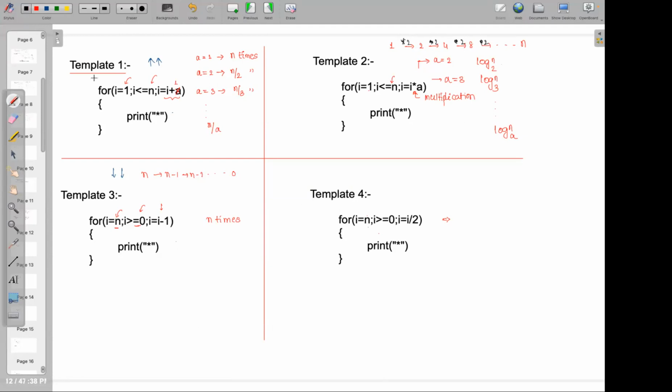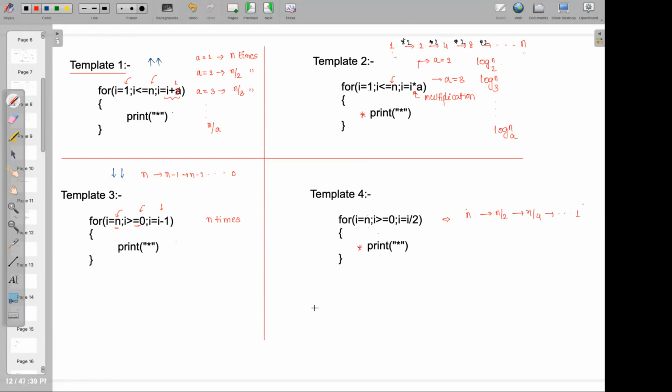Whereas if you take this, here you have taken n. Next time you divide by 2, which means n becomes n by 2. Then n becomes n by 4, and so on. It is like going from, let's say, Delhi to Simla, and this is coming from Simla to Delhi. Whether you are going like this or coming like this, don't you think the printf statement will execute the same number of times?